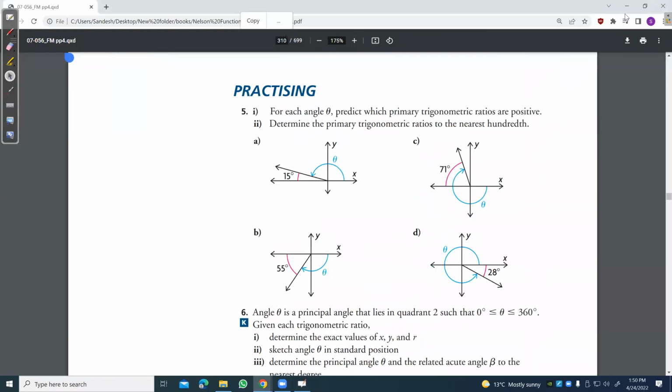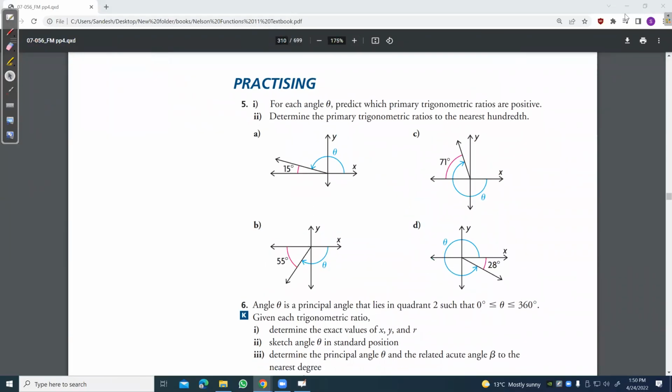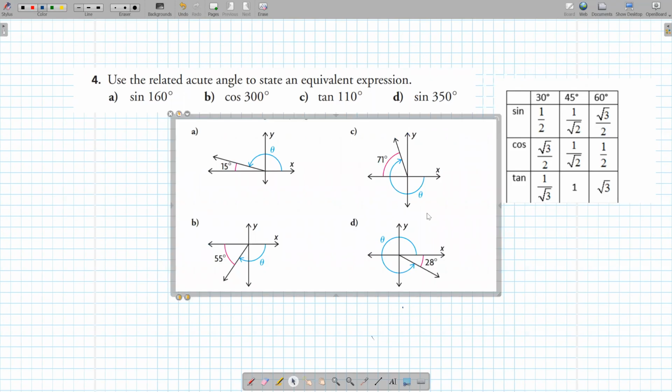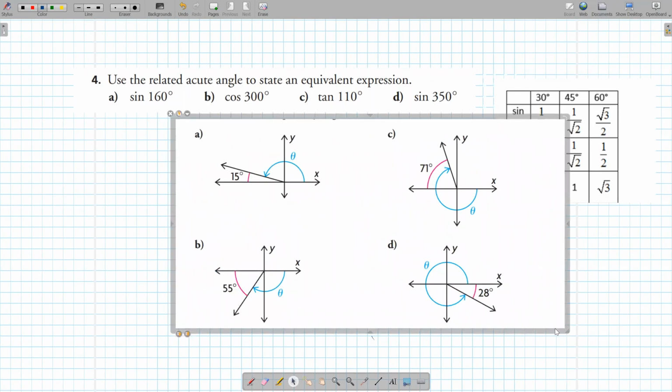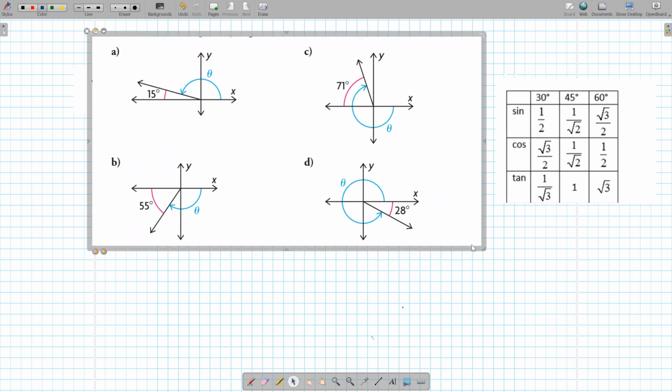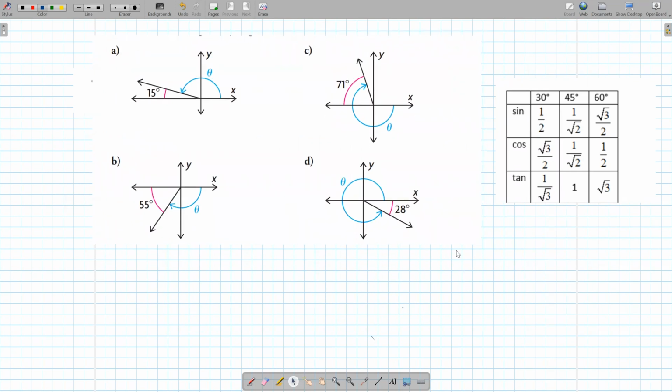they want us to find the primary ratios. So in all of these questions, they have given us the related, okay, now we're gonna work backwards. Before we were always given the primary angle. Now here we're given the acute angle and we gotta find the primary angle. Let's go one by one. Let's look at A. Our related acute is 15.